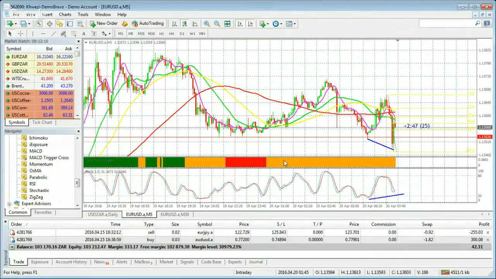Hitting the 50, coming back down. Quite funny how these things tend to pan out.